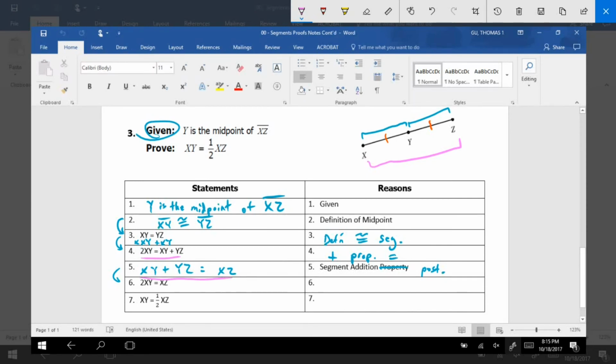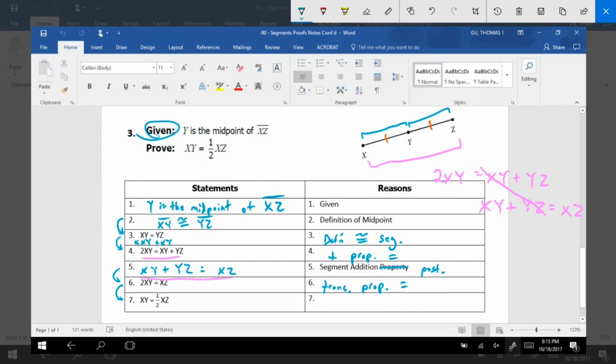So once again, look, if you write it out, 2XY equals XY plus YZ. And in step 5, XY plus YZ equals XZ. Cross out this middle one. Boom! 2XY equals XZ. What is this? That is the transitive property of equality.